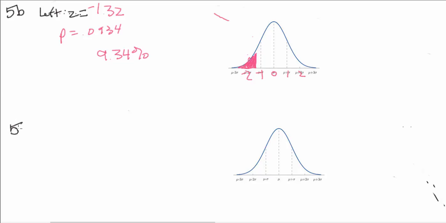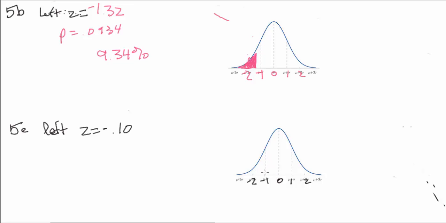For 5, let's do 5e. 5e is asking us for the area to the left of z equals negative 0.10. So again, first things first, let's draw this out. 0, 1, 2, drawing the standard deviations on there, negative 2. All right, we've got a negative, so we know that we are to the left of this 0 point.